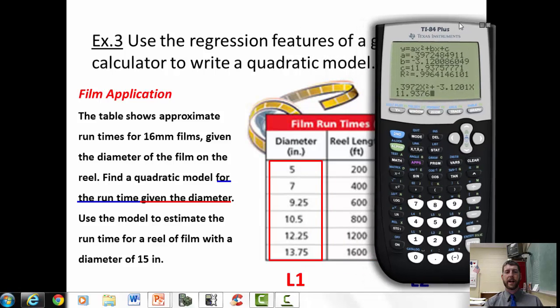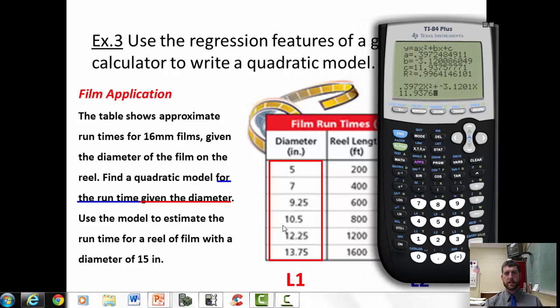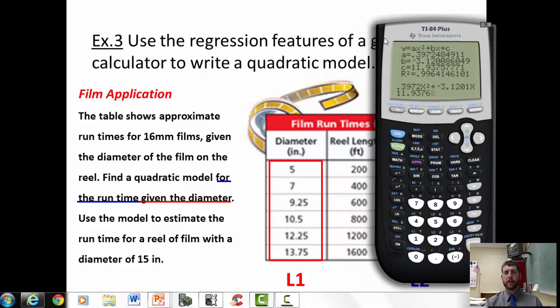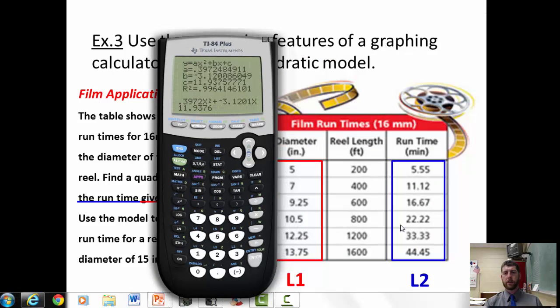Well, notice diameter was our x's, and runtime was our y's. So if I want to get a runtime, I need to plug in a diameter. So if I want the runtime for 15, I just take my equation that we just generated, my model, and I insert 15 for x.